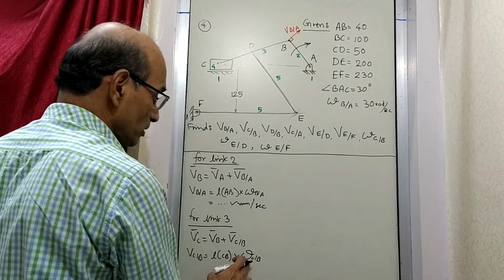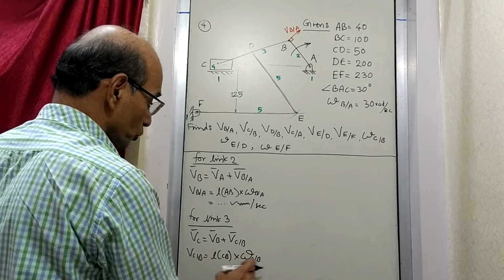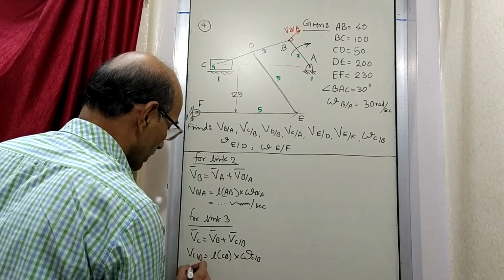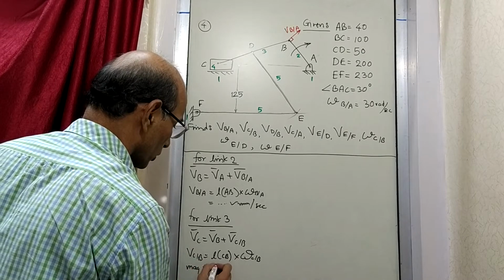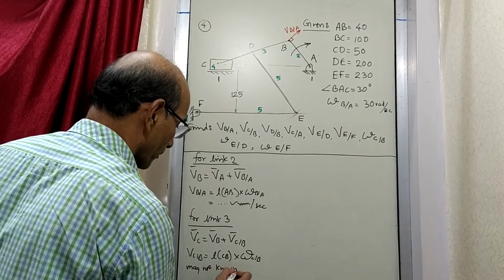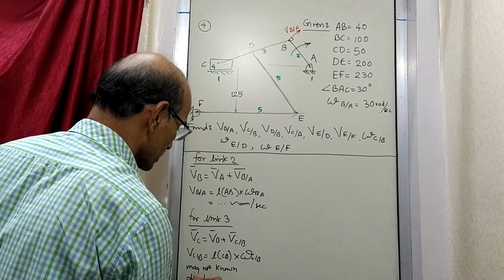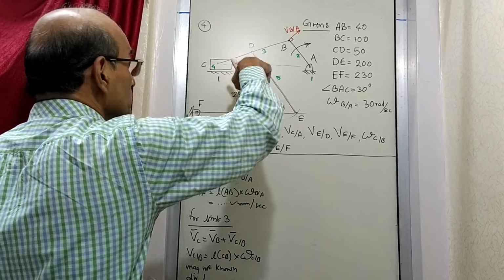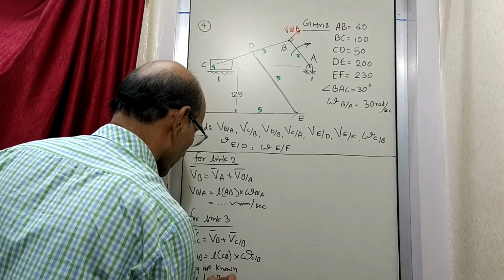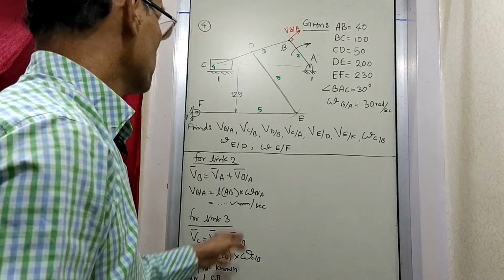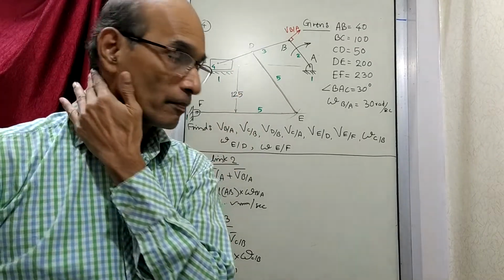But at the moment, omega is not known, so you don't know the magnitude here. So write here magnitude not known. But we know that the direction is perpendicular to the link CB. Direction is perpendicular to the link CB.